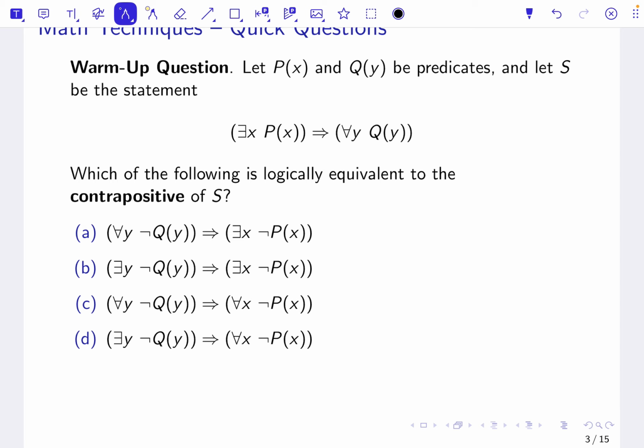So P of x could take the number x and then return true if x is prime, false if it's composite, or 1.